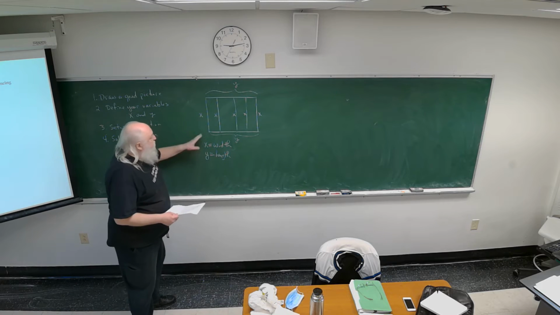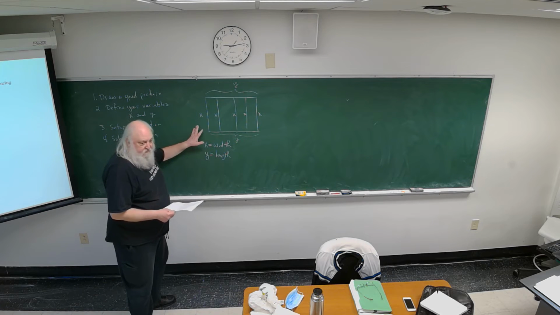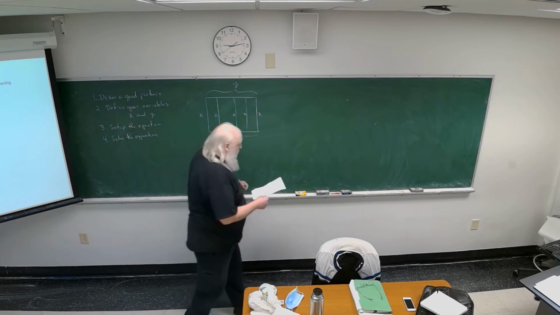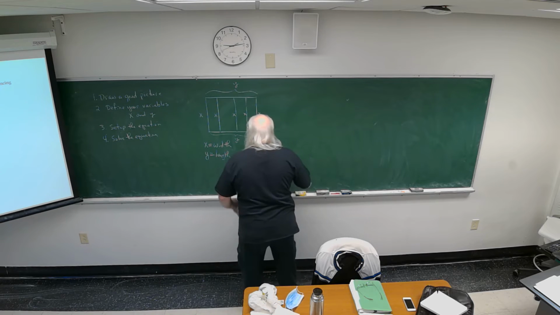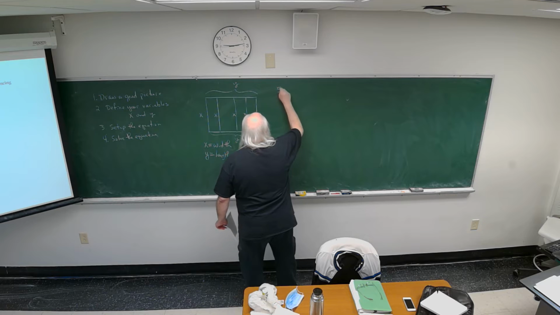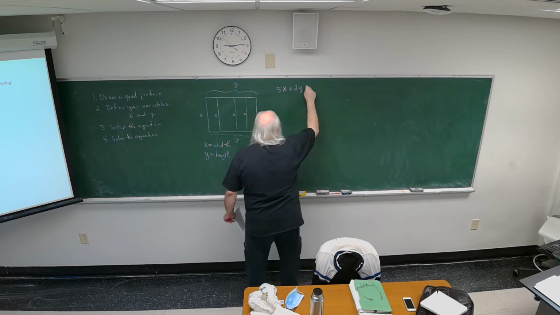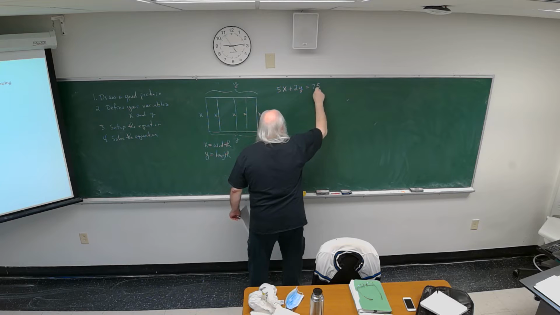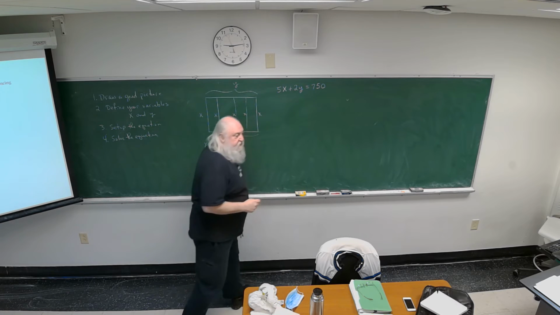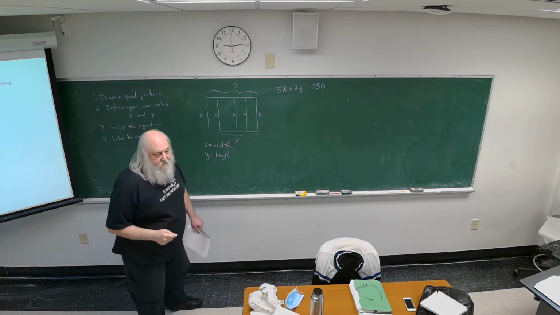And our fencing constraint is we only have 750 feet of fence, right? So we have 5 sections of fence X feet long plus 2 sections of fence Y feet long that have to equal the total amount of fencing we have available, which is 750 feet.